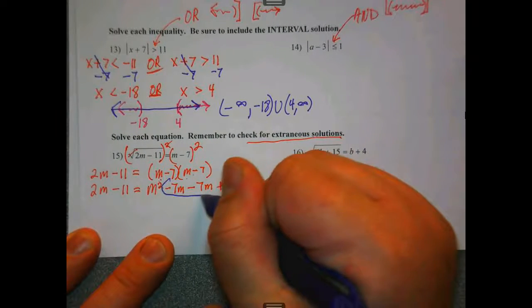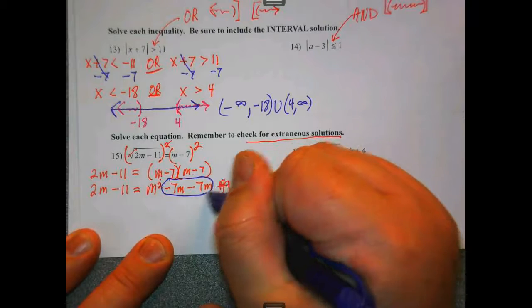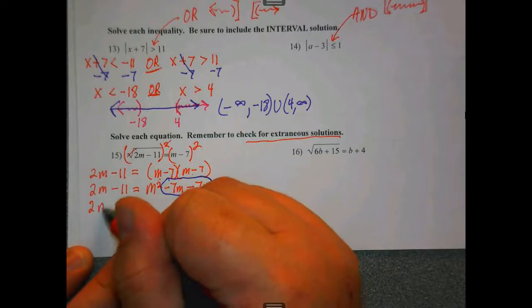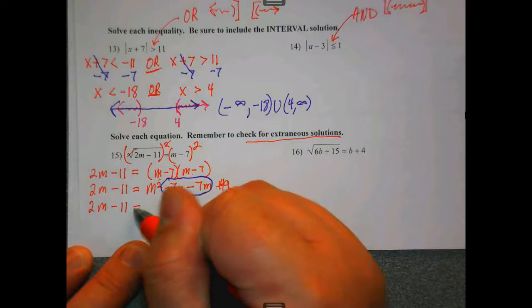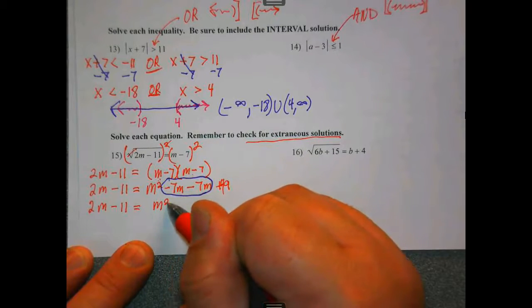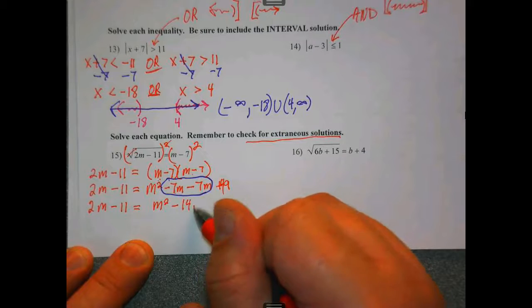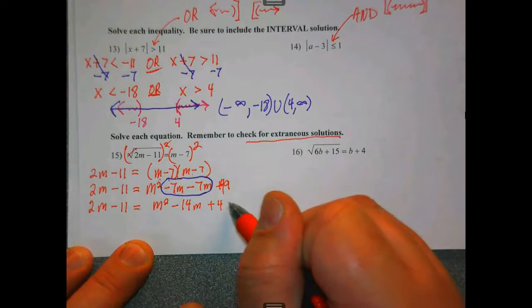Combine your middle two terms. When you FOIL, 2m minus 11 equals m squared minus 14m plus 49.